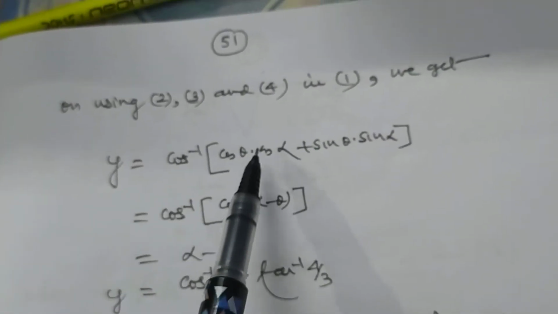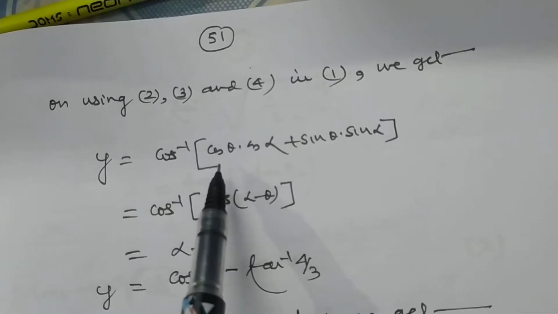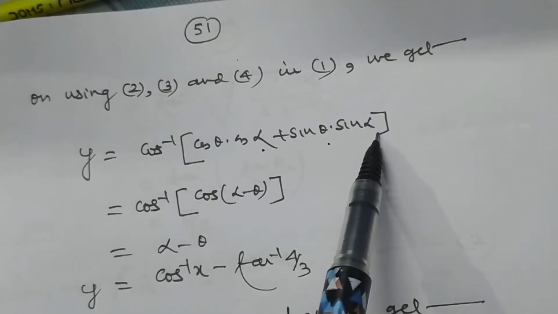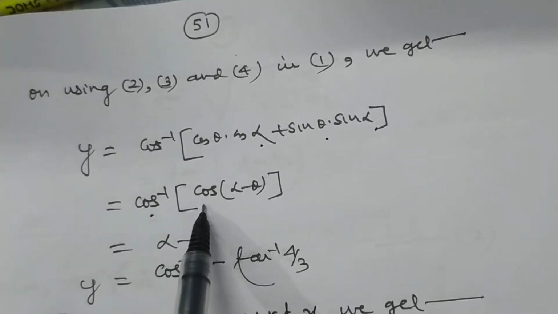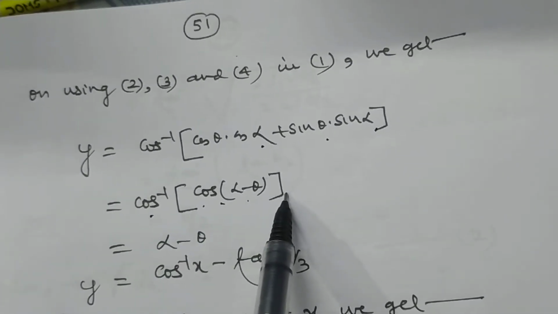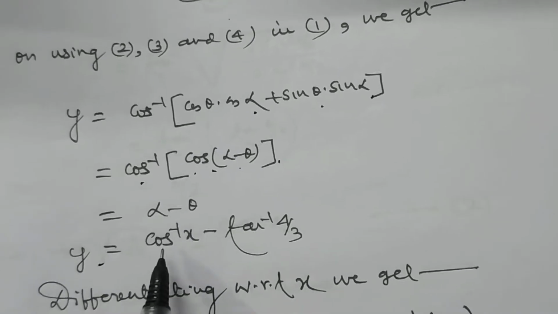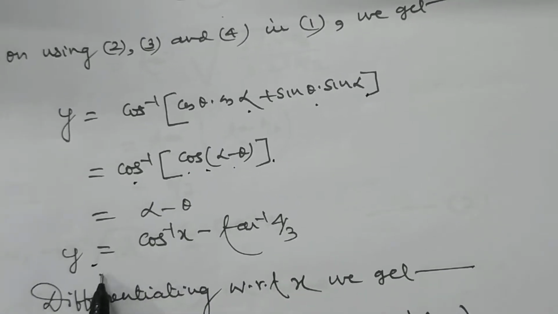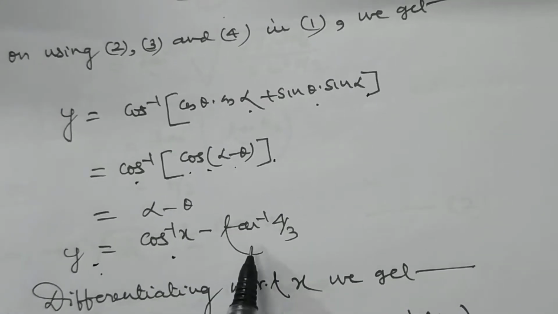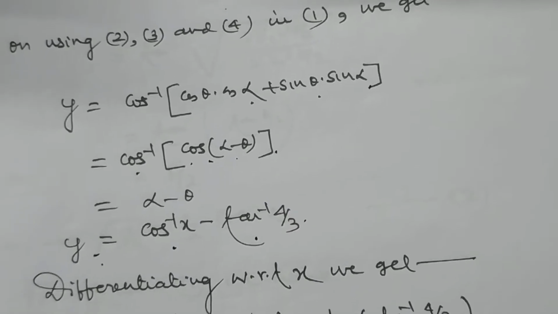Now putting all these values in the first equation, y is equal to cos inverse of (cos theta cos alpha plus sin theta sin alpha), and it is cos inverse cos of the angle alpha minus theta, so y is equal to alpha minus theta, and y is equal to cos inverse x minus tan inverse 4 by 3.